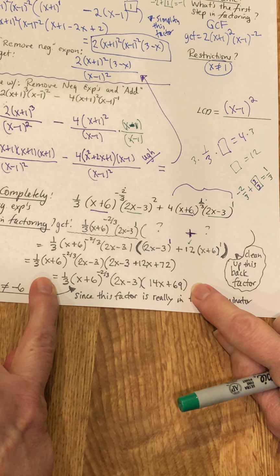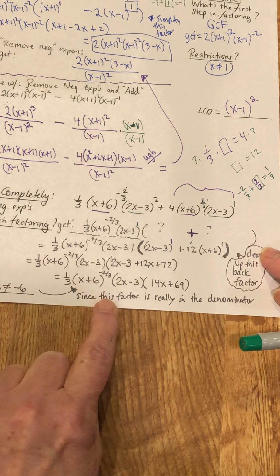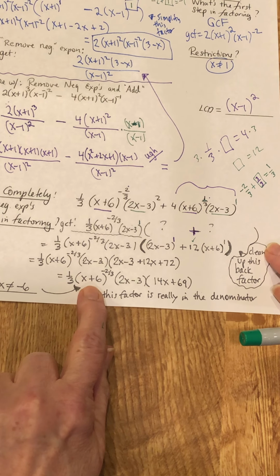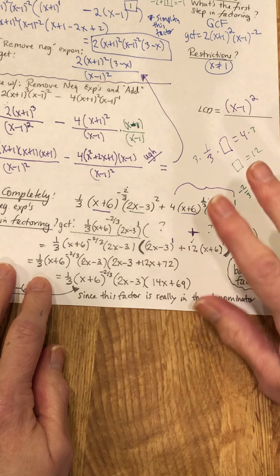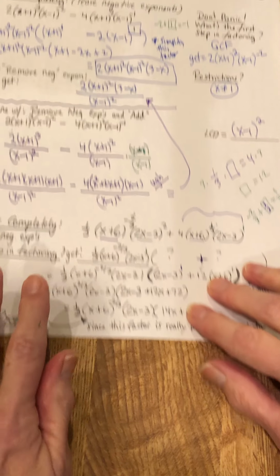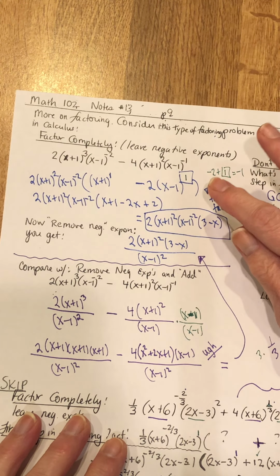Notice it's all one term. Notice this factor has a negative exponent, so it's really in the denominator, so you better not let x be negative 6. Okay, I'm not going to put anything quite like this big on your test. If this problem shows up on your test, it'd be more like this one here.